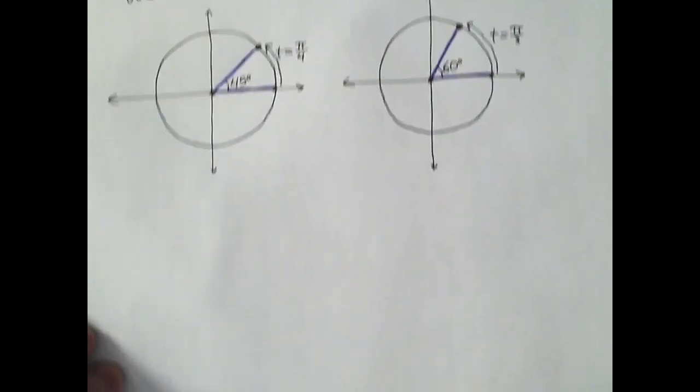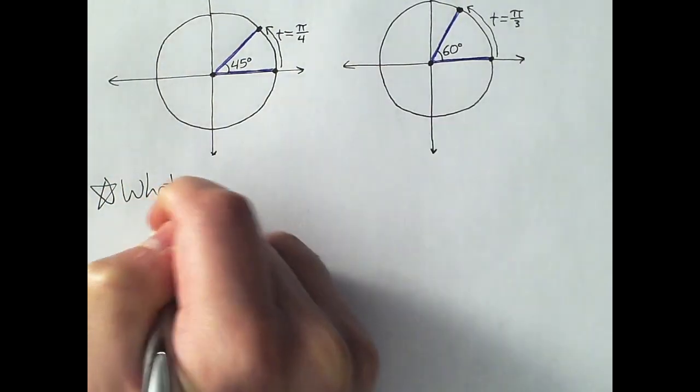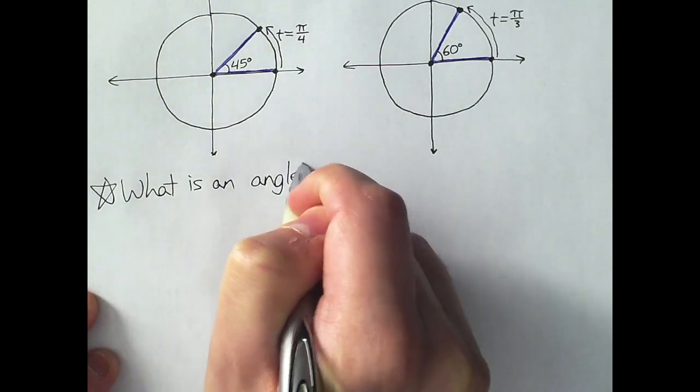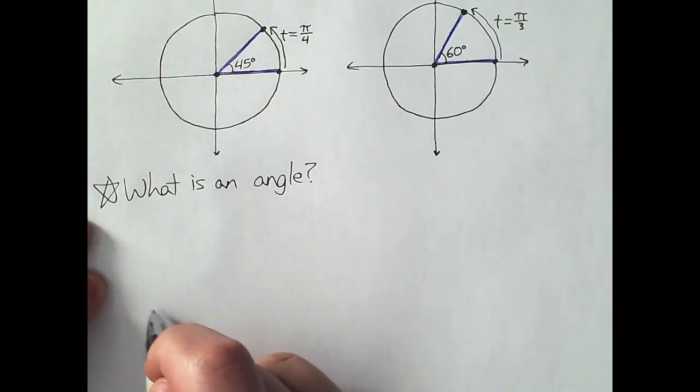Before we talk about that, before we actually measure angles, I want to say, what is an angle? We might have kind of an intuitive idea of what we think an angle is. And really, angles are something that you might talk about in a geometry class. So let's talk about this briefly in terms of geometry.